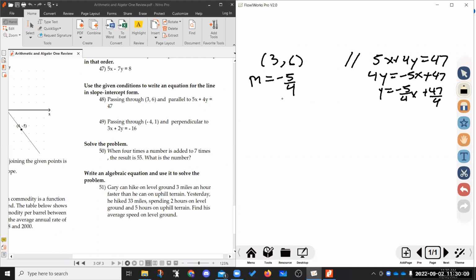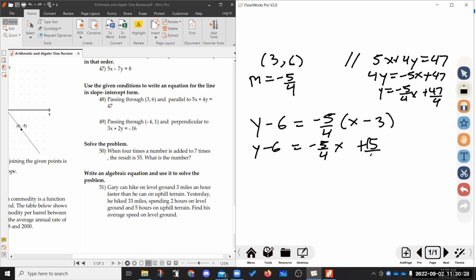I've got a point, I've got the slope. I'm going to use point slope form. And I'm going to solve this to slope-intercept form because that's what the instructions told me to do. This is over 1.